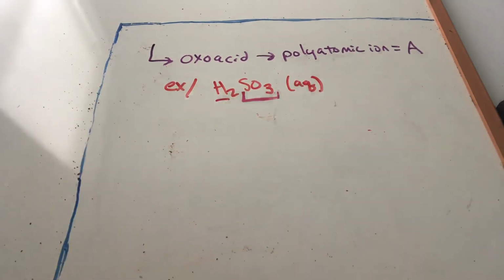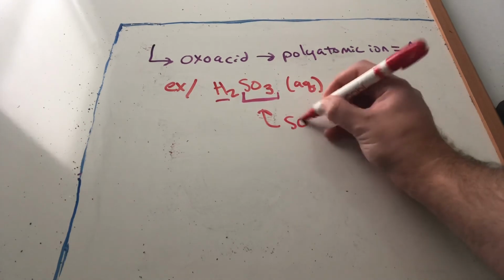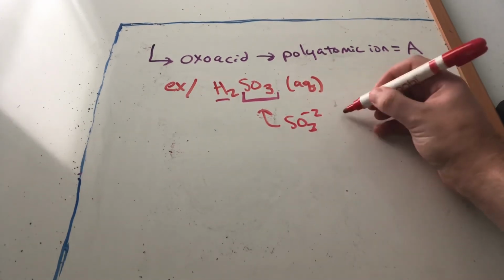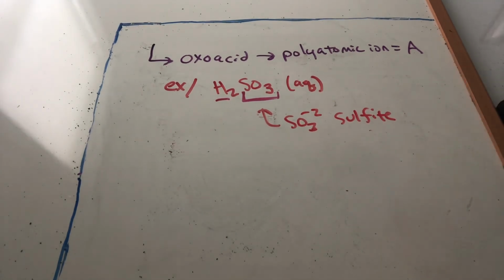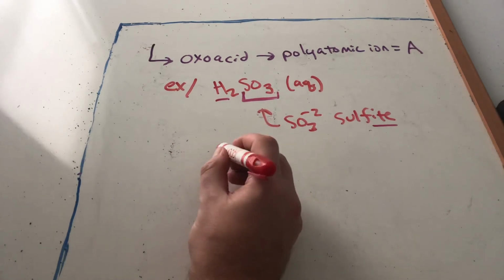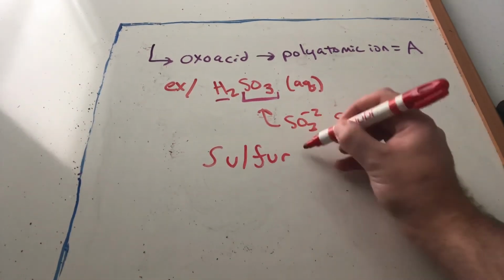It starts with H and is aqueous. It's also an oxoacid because I see a polyatomic ion. This polyatomic ion is SO3 2-, and it's sulfite. So what happens to this ITE? It becomes OUS. We never use hydro for an oxoacid, so this becomes sulfurous acid.